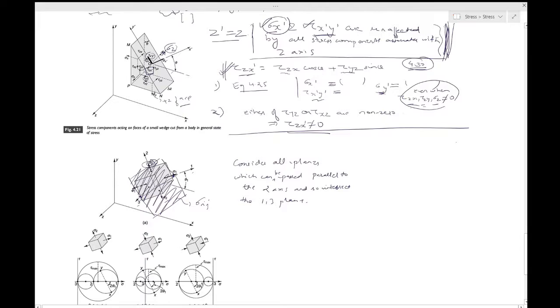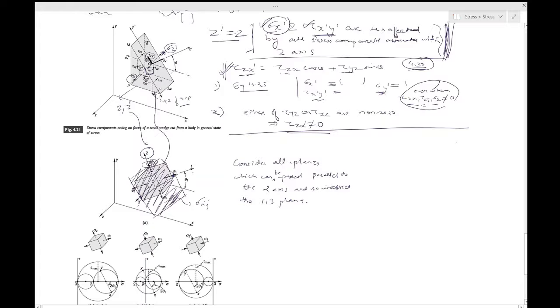Yes, so this plane over here is similar to this inclined plane over there, and this 2 axis is similar to the z or z dash axis over here. That is why, just like in this particular case, the stresses sigma x dash, tau x dash y dash, or sigma y dash will not be influenced by your sigma z.